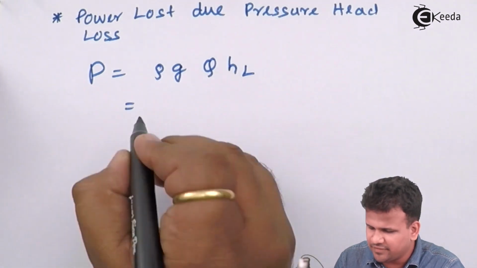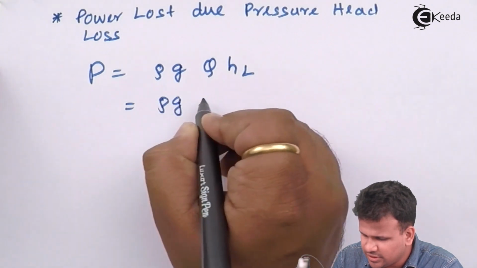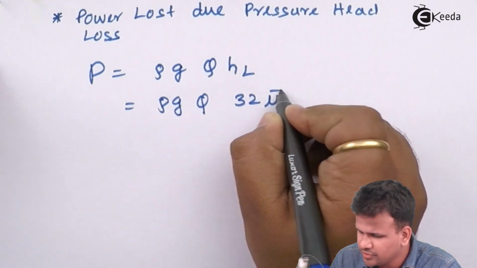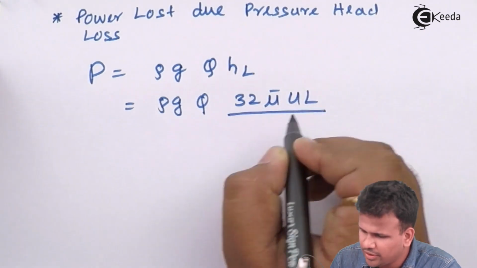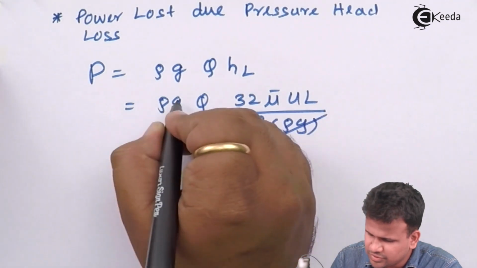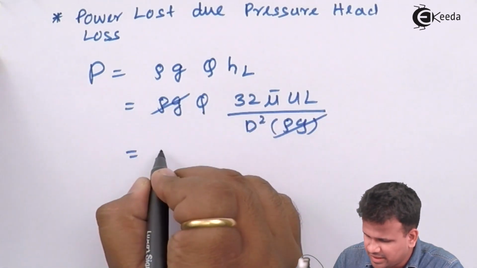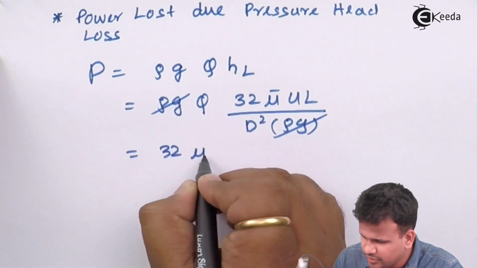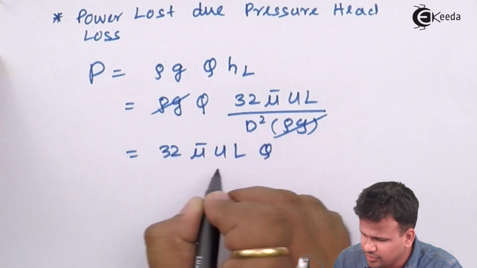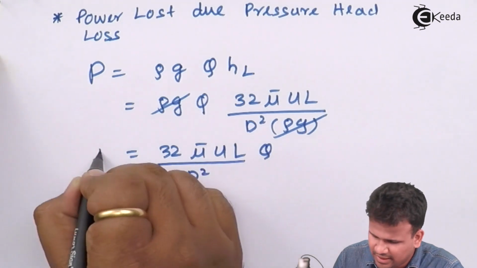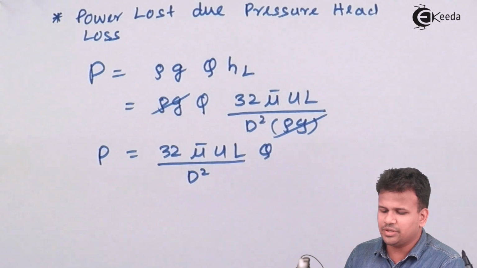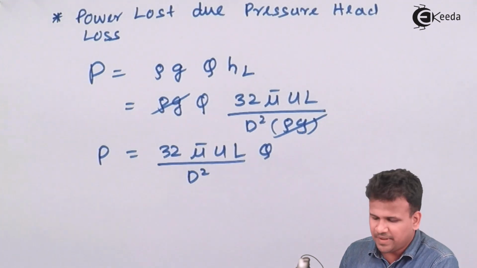So the power will be given as rho into g into Q into HL, which was given as 32 mu U L upon D square into rho into g. So these two terms will go away and we'll be left with 32 mu U L into Q upon D square, that is the power loss due to the pressure loss between the two sections of the pipe.